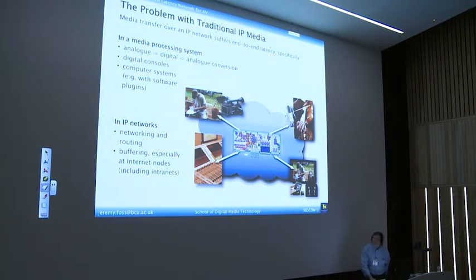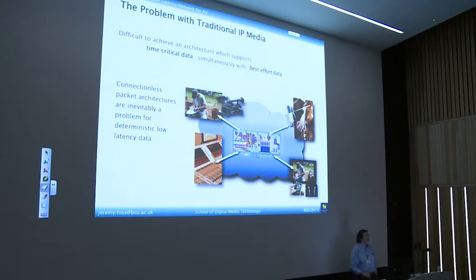Anyway, back to this. The problem is that we do have latency in packet media, particularly where that media is going to go over a network. What we want is difficult for the internet, the IP network that we're all used to, to support: both time-critical data, like media, along with what's called best effort data.